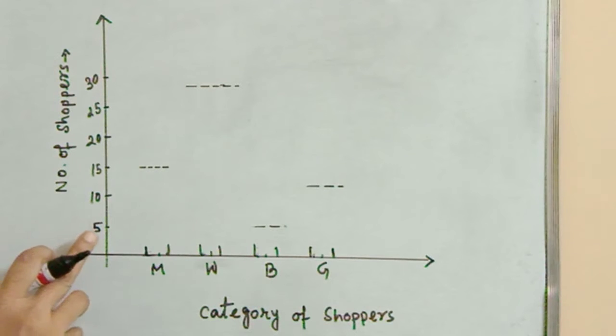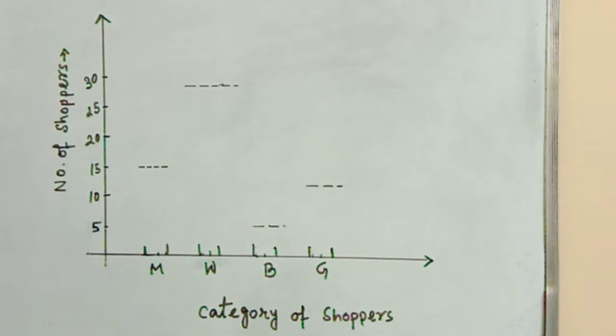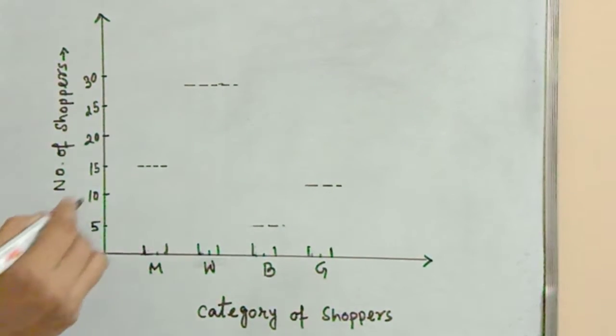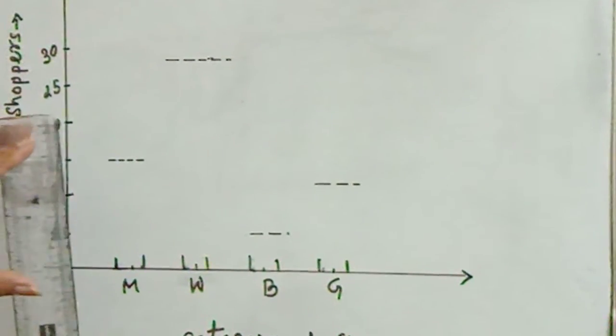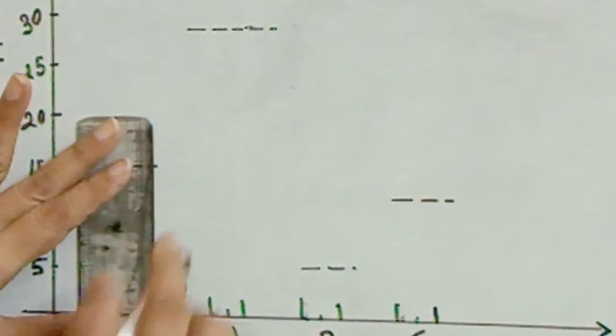Here 28 is the maximum value and 5 is the minimum value. So I have given 5, 10, 15, 20, 25 and 30, up to 30. Now for men it is 15. So 15 is here. So we are giving one bar for this, 15.